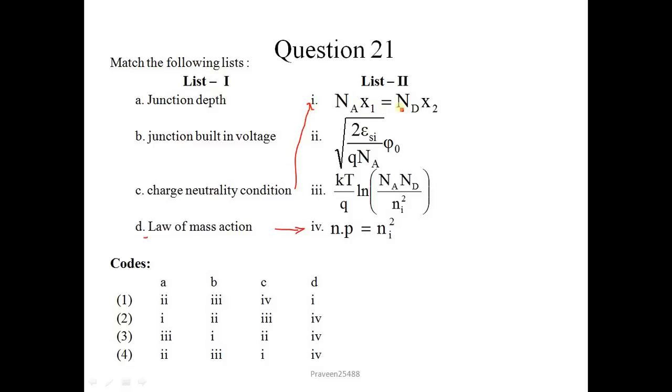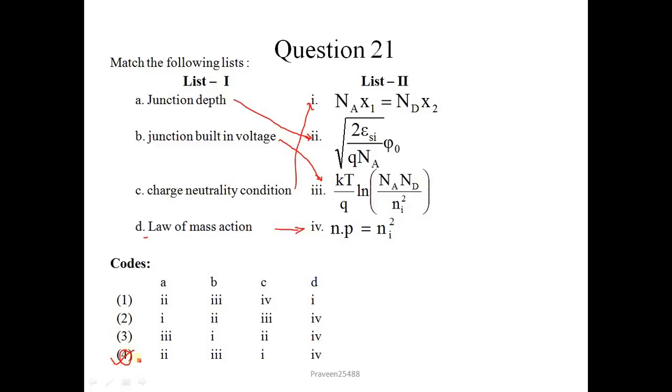Junction built-in voltage Vbi is given as kT by q, natural log of Na Nd upon ni square, and junction depth is given by this formula. So the correct match is 2, 3, 1 and 4. So the correct option is this.